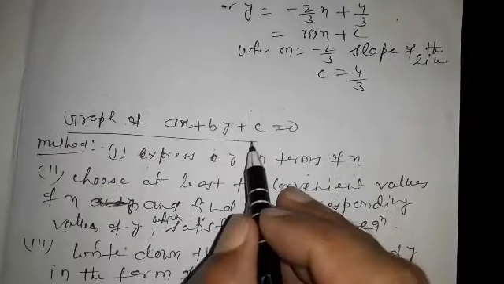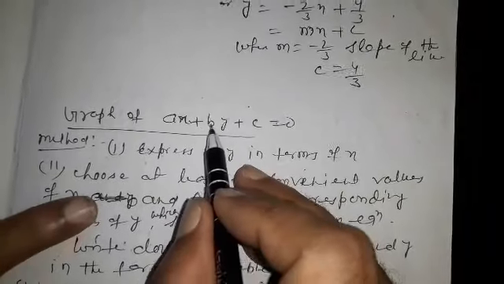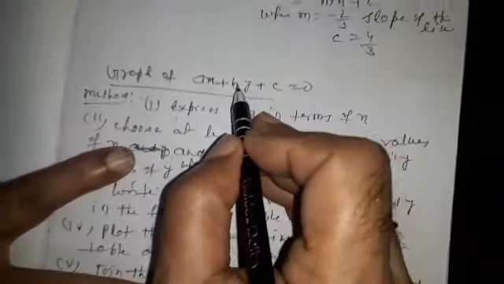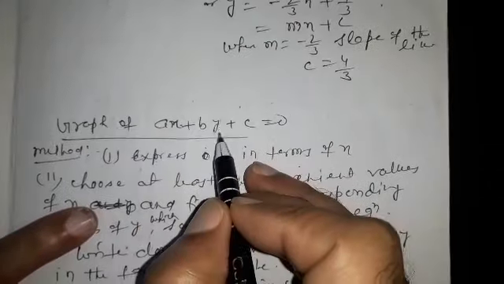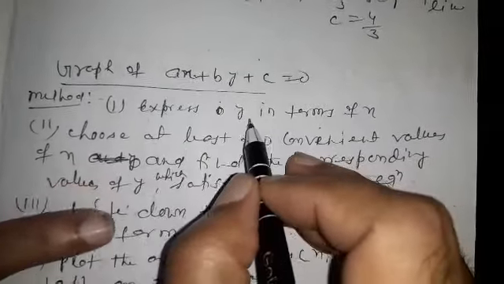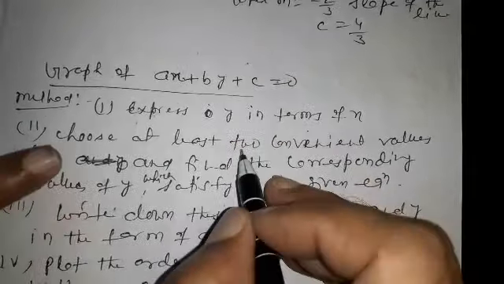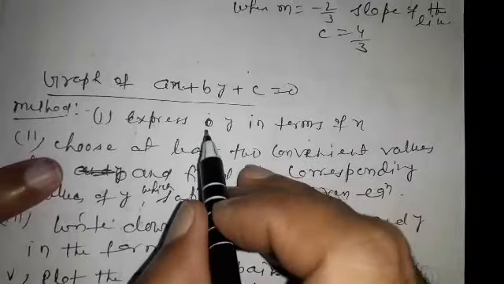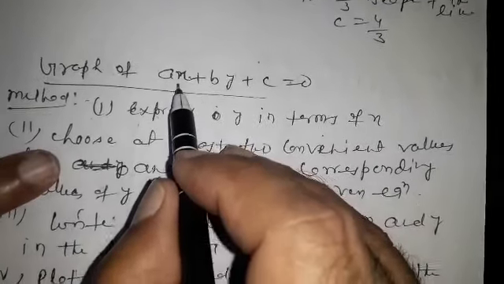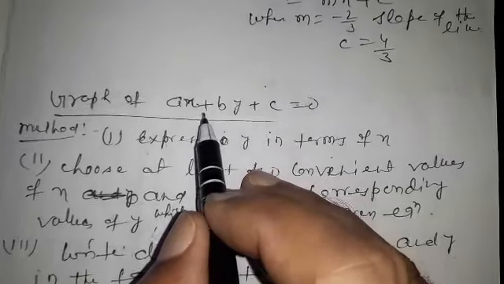Graph of ax + by + c = 0. Method: express y in terms of x, or x in terms of y. First we write y in terms of x. Choose at least two convenient values, because we cannot find the values of two variables from one equation.